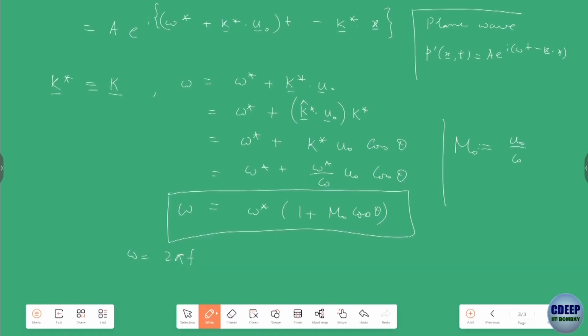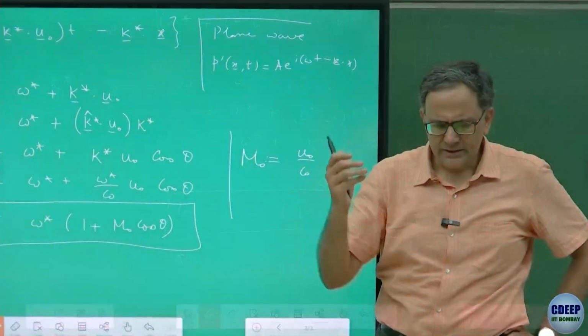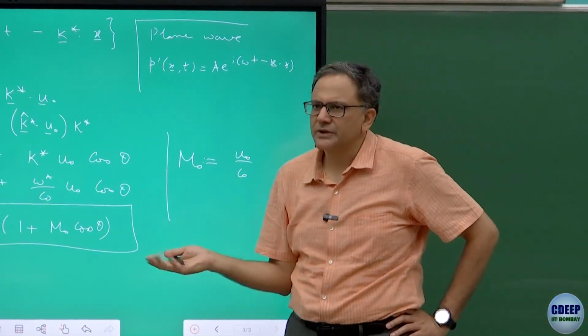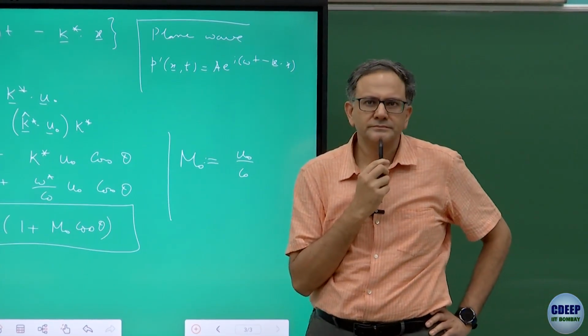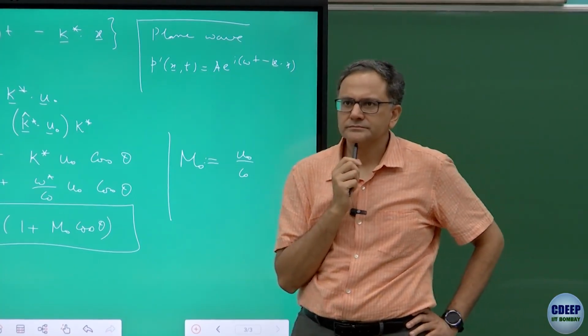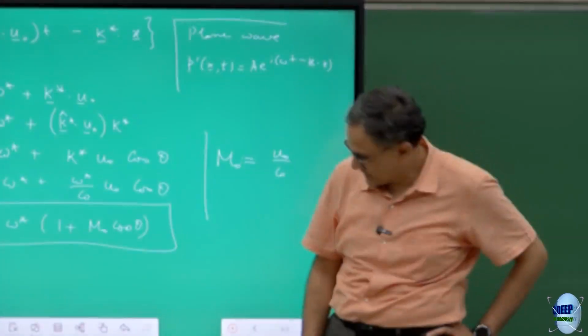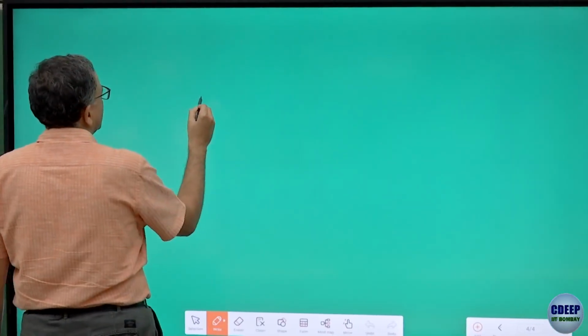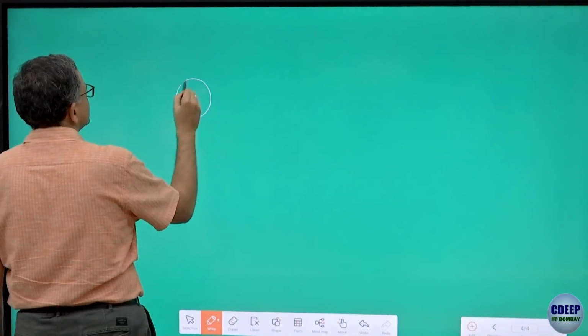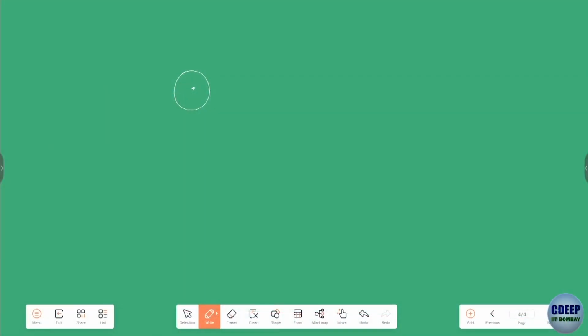Now, as I mentioned at the beginning, the question was, is this Doppler shift or not? You know about Doppler shift. Is this Doppler shift? Frequency is indeed changing, but in Doppler shift, what you see very commonly are these wave fronts which are piling up.